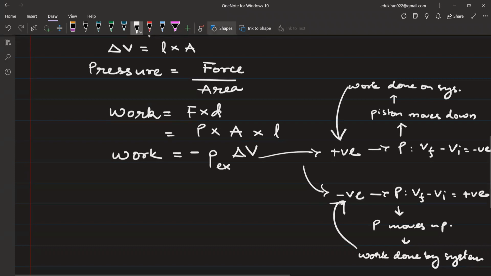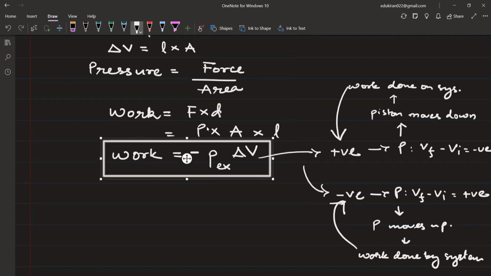So is this formula clear to you guys? Work will be equal to minus P external into delta V. ठीक है, and why we have got the minus sign there?